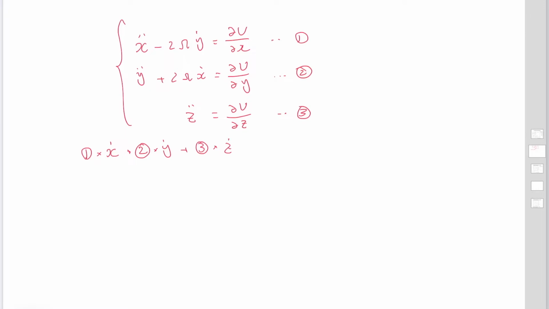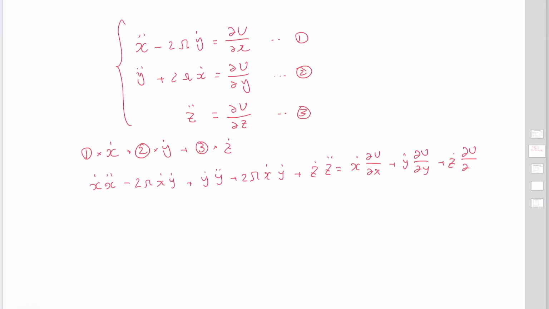The first equation becomes x dot x double dot minus 2 omega x dot y dot, plus from the second equation y dot y double dot plus 2 omega x dot y dot, and from the third equation z dot z double dot, equal to the right-hand side: x dot partial U partial x plus y dot partial U partial y plus z dot partial U partial z.